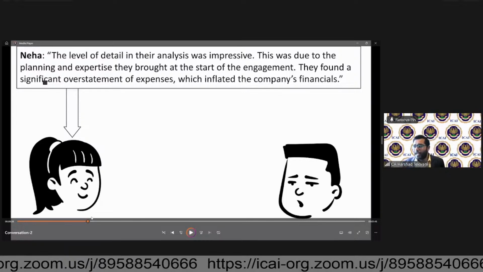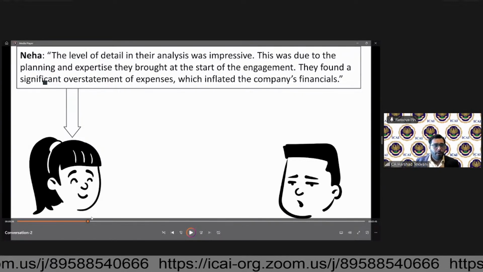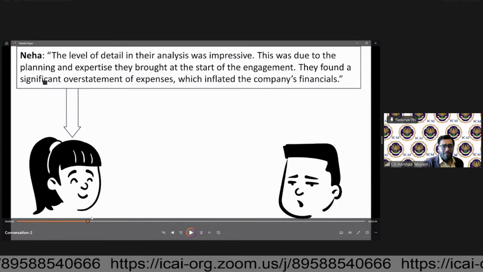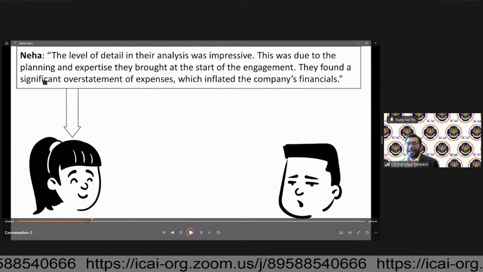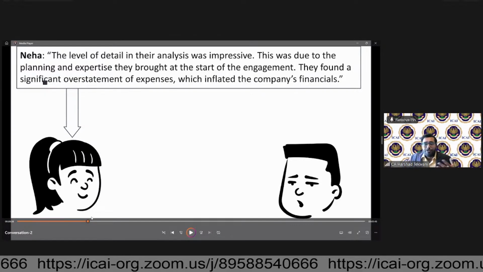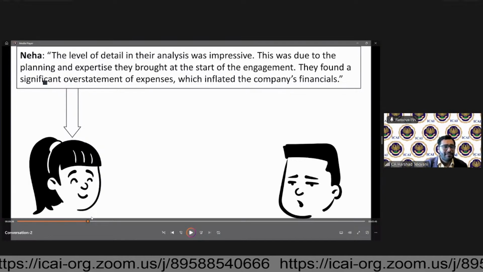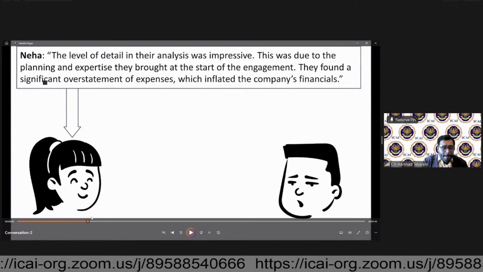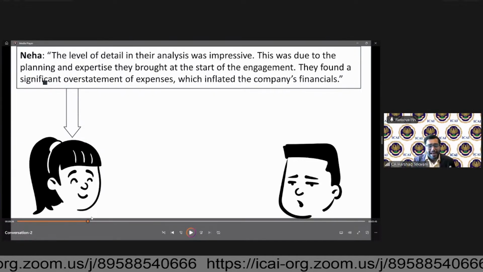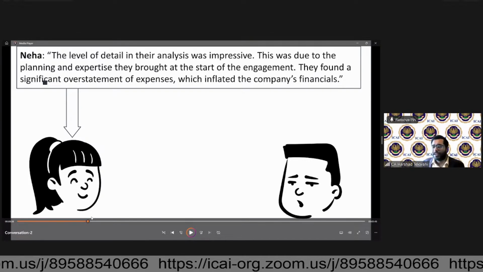Planning was done at the start: what experts we will require, which areas we will look into, the nature, timing, and extent of the engagement, and the outside experts that will be brought in. Based on that planning, they performed the engagement and identified a lot of things, for example, overstatement of expenses that significantly inflated the company's financials.